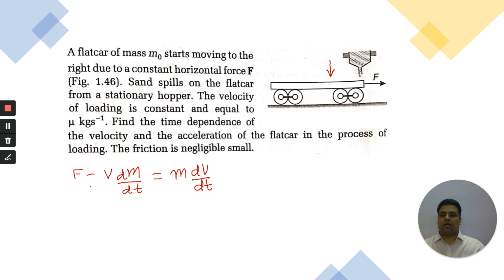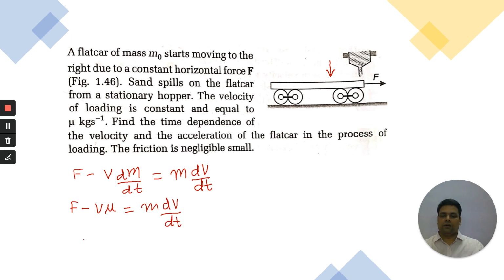This is the equation we get. In the problem, we are asked to give the velocity and acceleration as a function of time. Further, we can write this as F minus v mu equal to m dv by dt. Let us rearrange this.